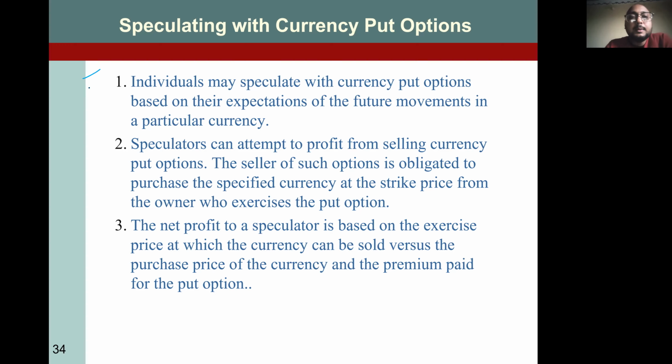Now again, we talked about how we can use derivatives for hedging purposes and for speculation purposes. All the derivatives can be used to hedge and to speculate. Even a call option can be used for hedging and for speculating. The motive behind hedging is to reduce the risk, and the motive behind speculation is to earn profit.